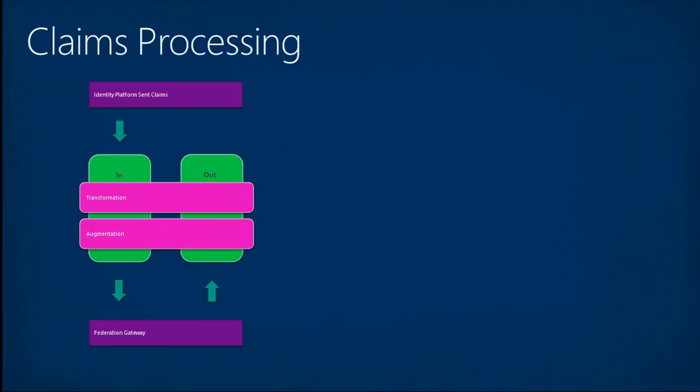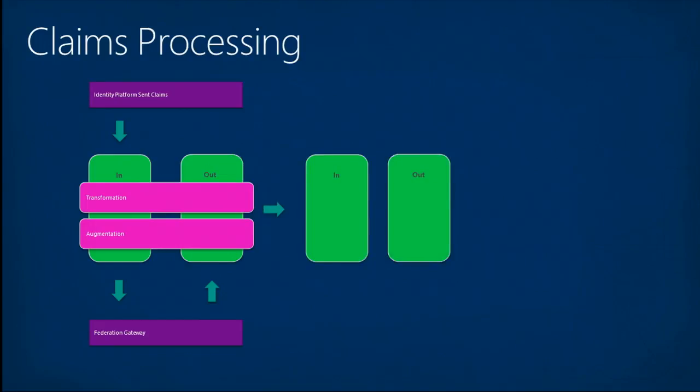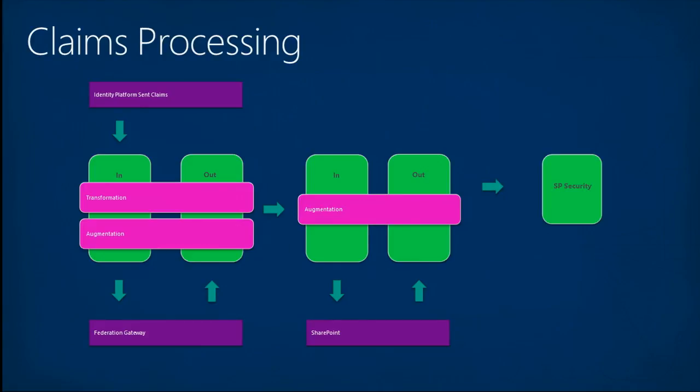Now you can do that in the process of the authentication. So, once we get all that stuff in the provider, it squashes it over to SharePoint. SharePoint can do augmentation too, based on custom code, and then happily, it throws it to the SP security model in SharePoint, and if all goes well, you'll get access to the site. It's very, very clever, but it doesn't just stop there.